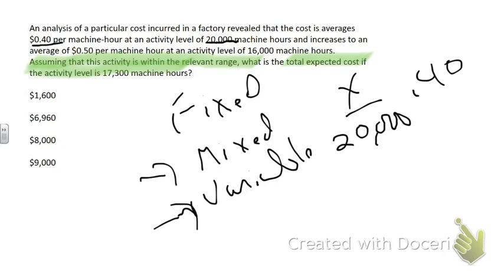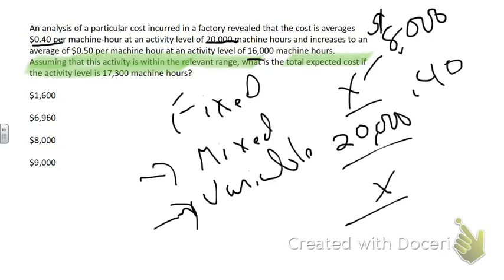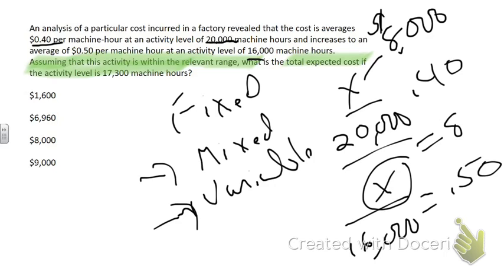So if I solve that, I get that X is 8,000. So I know that the cost is $8,000 at 20,000 units. But notice what happens at 16,000. If I go ahead and solve the equation for 16,000, and the average cost is 50 cents an hour, and I solve for X, it's also $8,000.